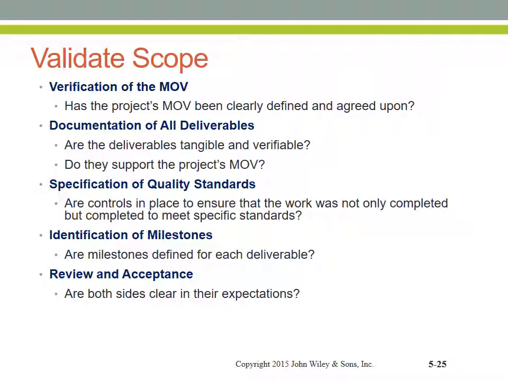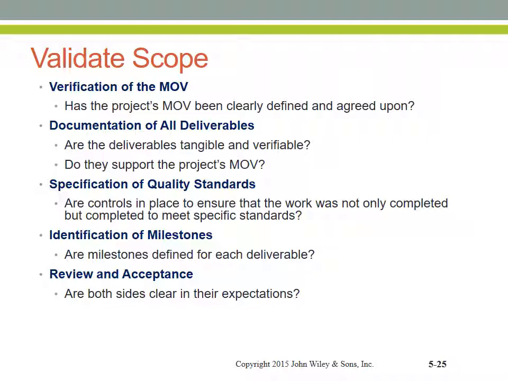Part of validating the scope then are also the quality standards. Namely, are controls in place to help us determine that the work that we have done was done based on specific quality standards, based on specific legal requirements, and so on.